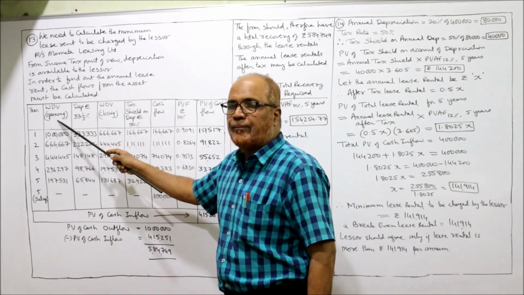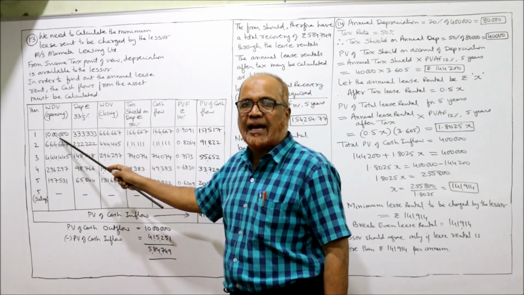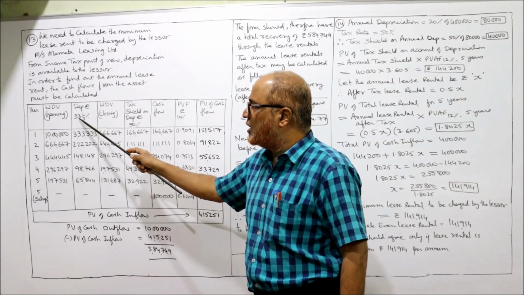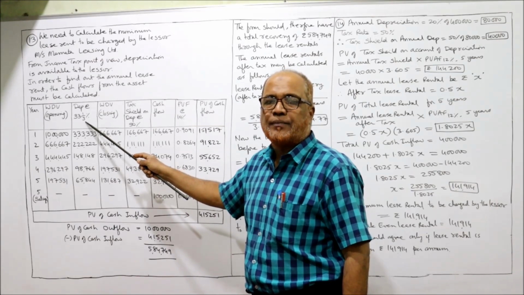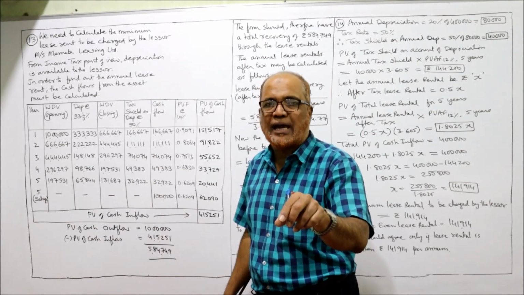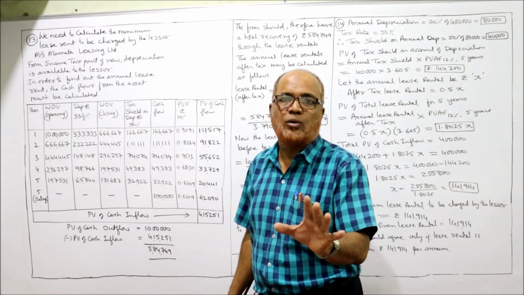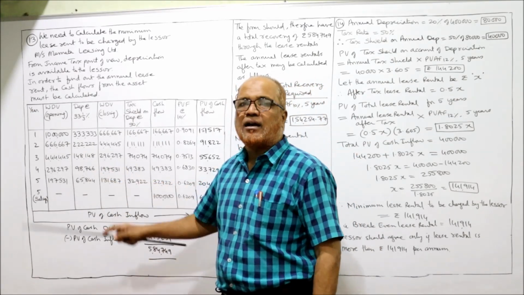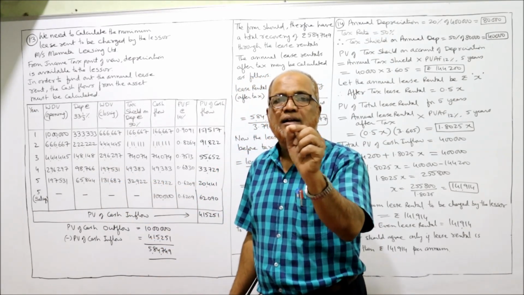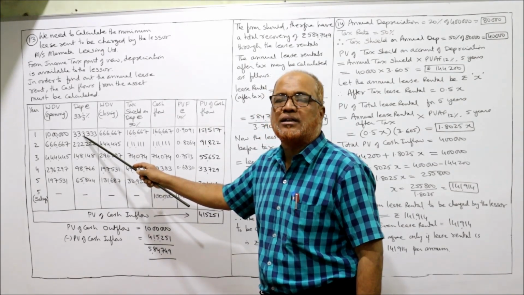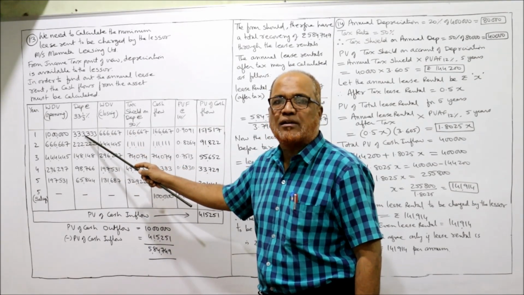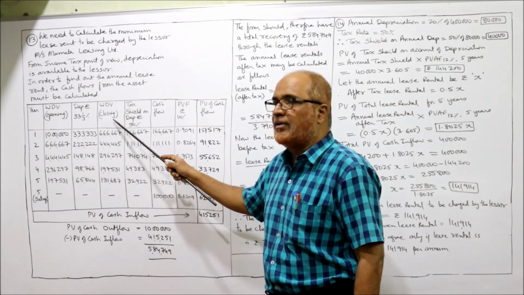Now WDV opening. What is the cost of the asset? 10 lakh. What is the rate of depreciation? 33 1/3% or simply 1/3. So 10 lakh into 1/3, you will get 3,33,333. This is the depreciation for the first year. Now what is the closing WDV?